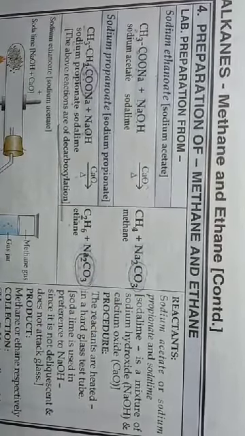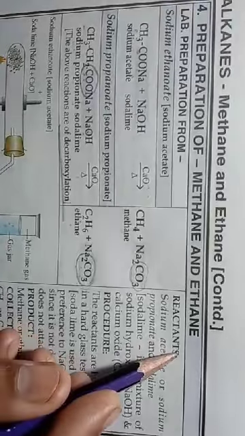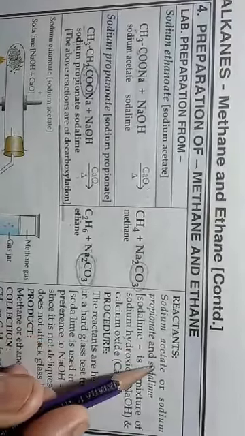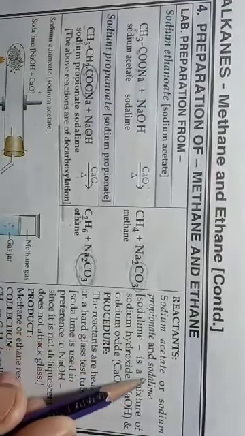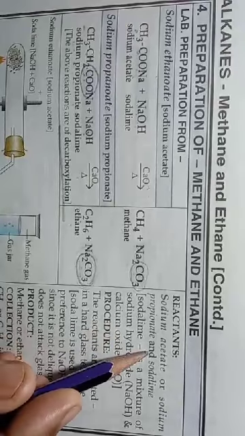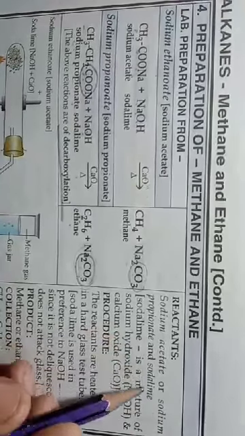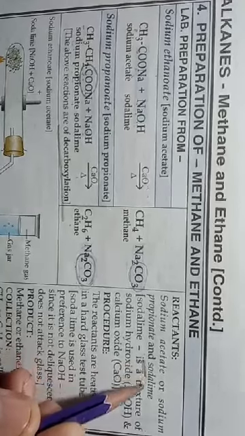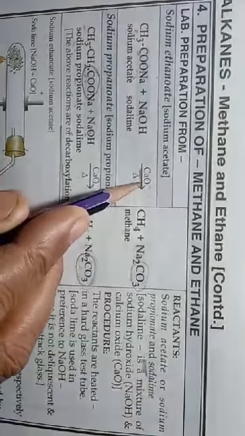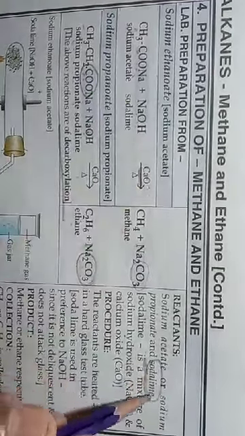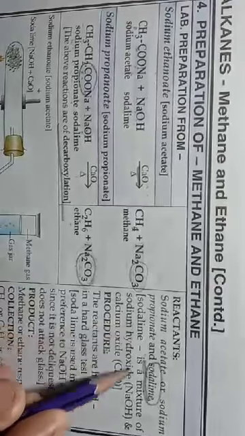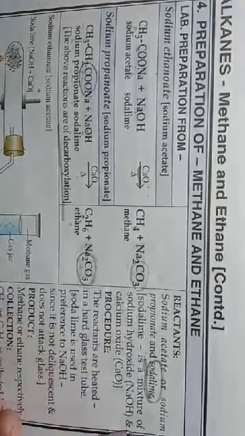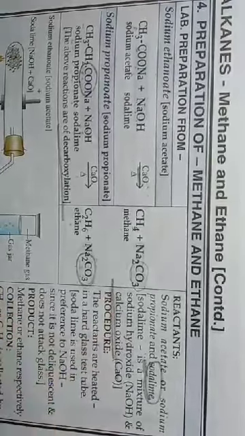Okay dear. Now the reactants: sodium acetate or sodium propionate and soda lime are the reactants. A mixture of sodium hydroxide and lime, which is also known as quicklime, is known as soda lime. Soda lime is a mixture of sodium hydroxide and calcium oxide.